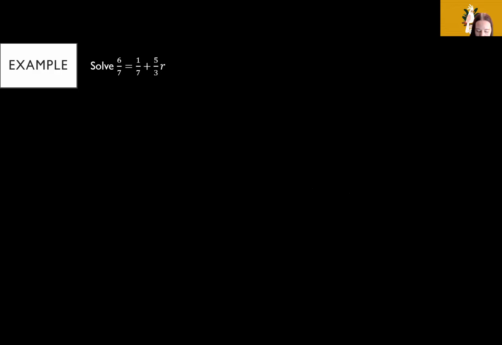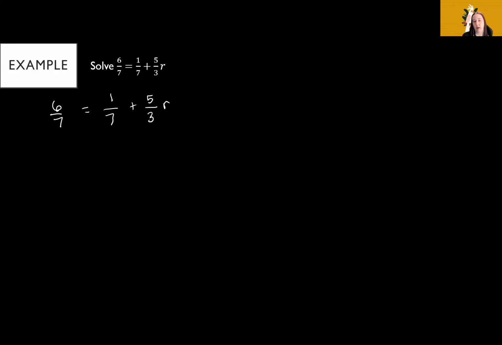So we are solving 6/7 equals 1/7 plus 5/3 times r. So step 1 is to try to simplify each side. So the left side is a single number that's simplified. The right side is also simplified because I cannot combine those like terms because one has a variable, one doesn't. So step 1 of solving is done.